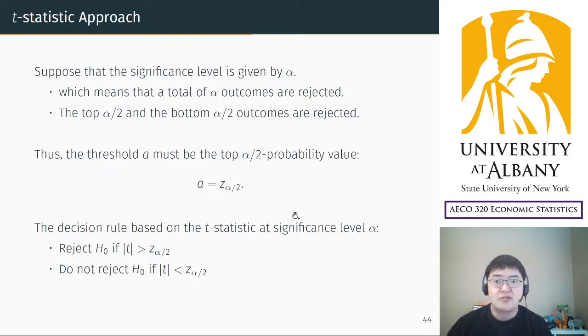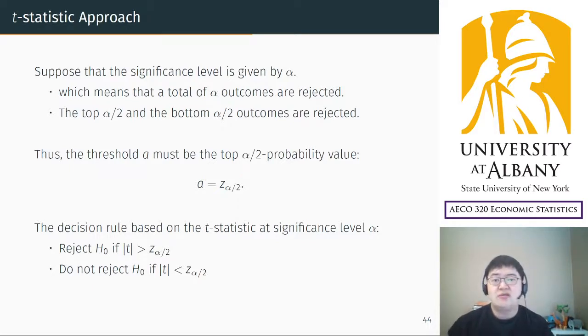Let's think about this. Everything starts from the significance level. The significance level is the tuning parameter that adjusts where you cut off, how much you accept, how much you reject. The significance level is given by alpha, which is a probability like 1%, 5%, or 10%.